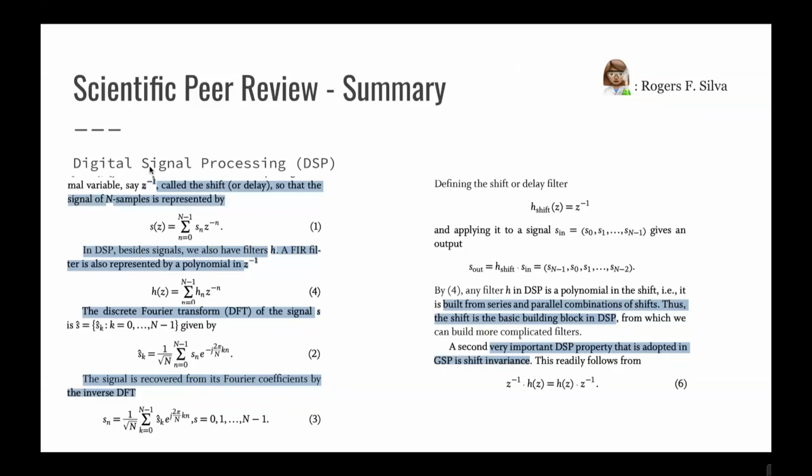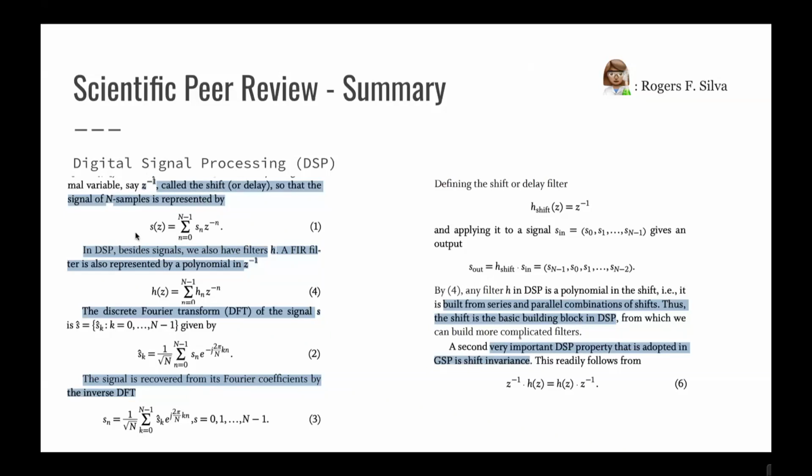So the idea with graph signal processing centers around finding an analog to the delay operator, which is called a shift, and extending it to the graph case.